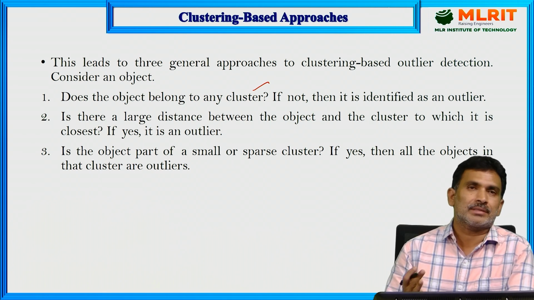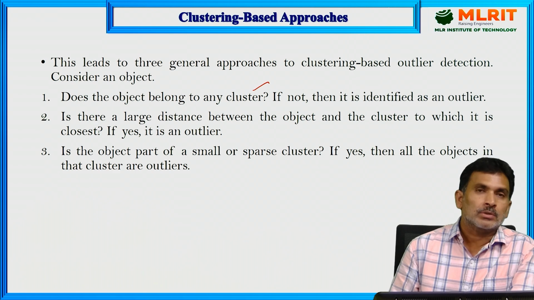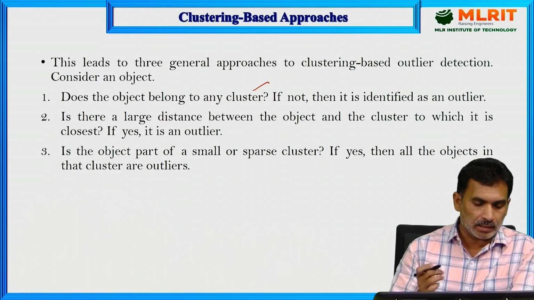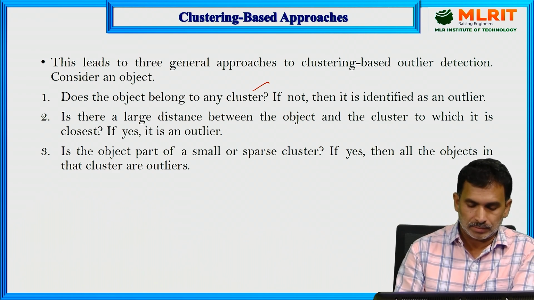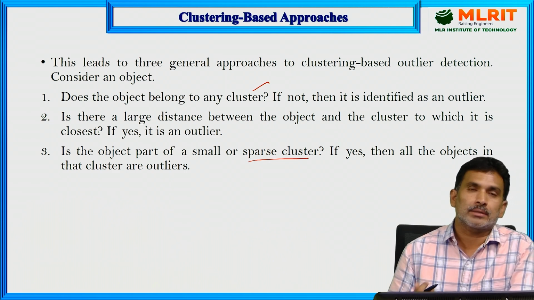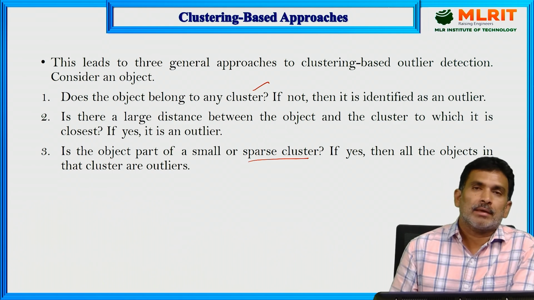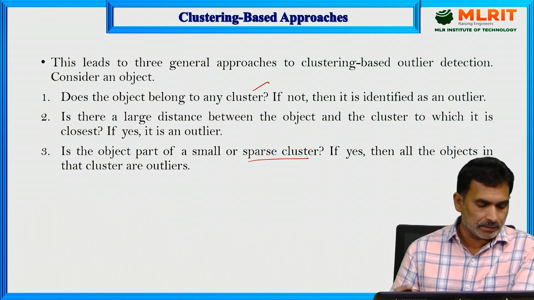If yes, then it would be considered an outlier. The third: is the object part of a small or sparse cluster? If yes, then all objects in that cluster are considered outliers.